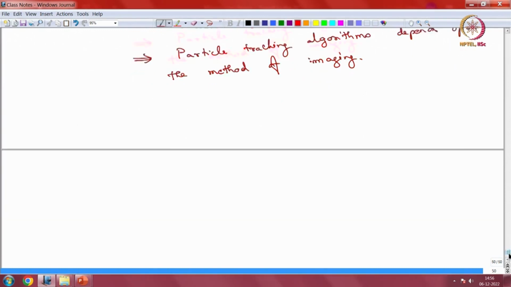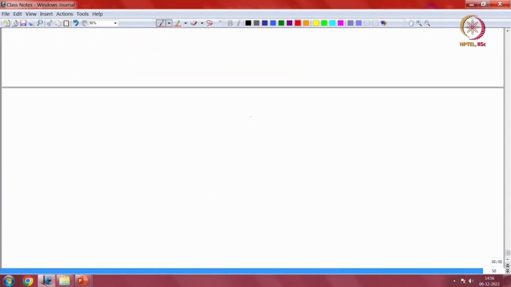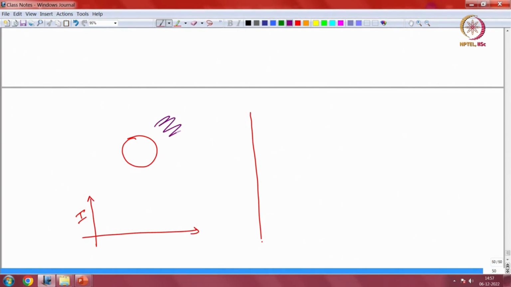So, I will discuss two cases. If you have a case of dark field imaging, then if the particle is large enough, what you can often see on the intensity profile is that the particle can look like this, where, if I try to color this, the outside and the inside of the particle don't look very different, but the periphery is nicely visible.